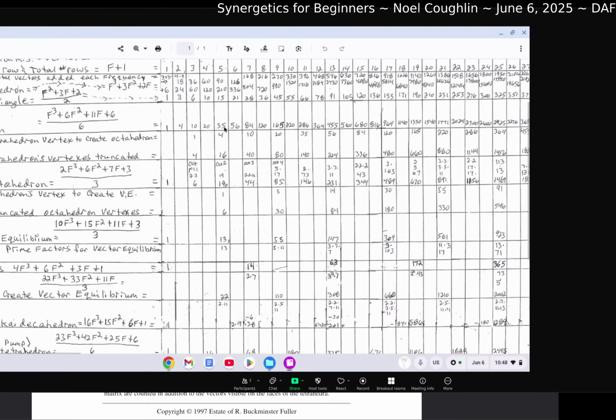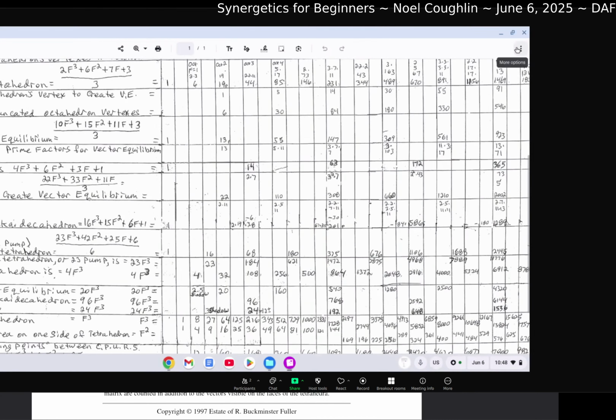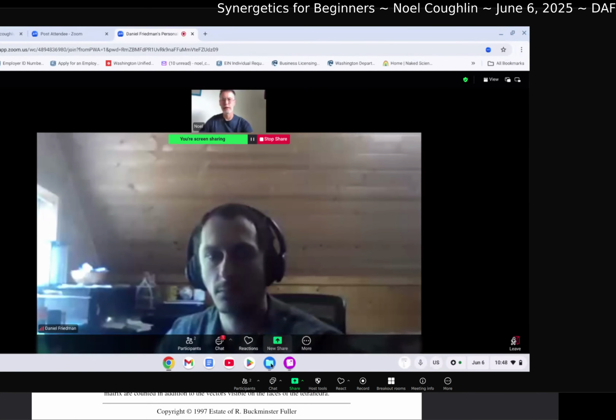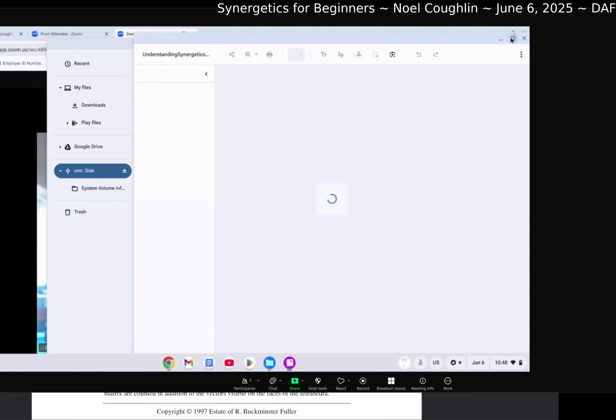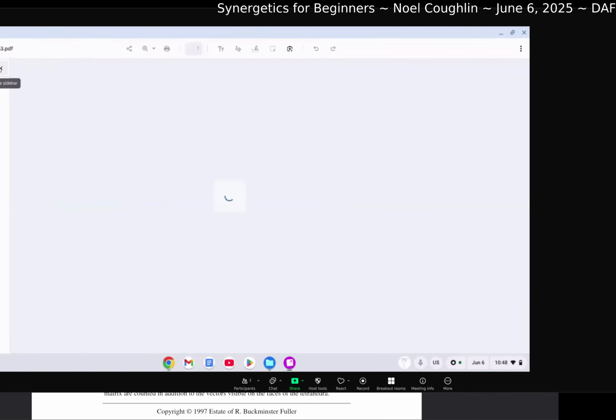So all these different equations then become realized as symmetrical equations.